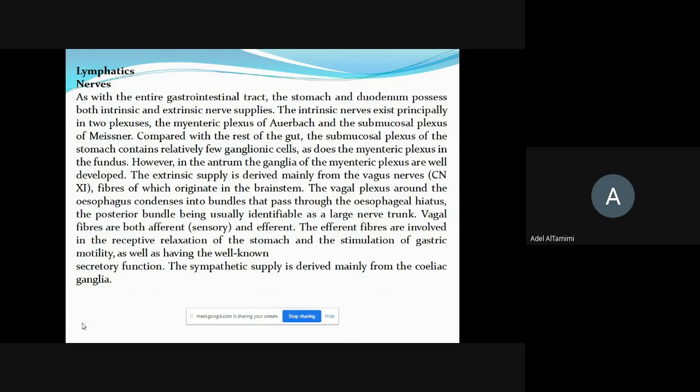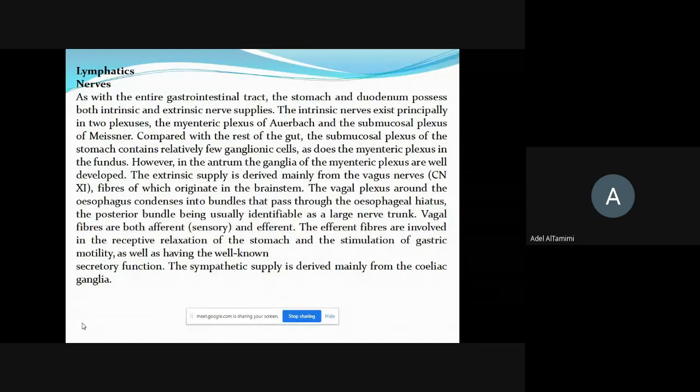Compared with the rest of the gut, the submucosal plexus of the stomach, the Meissner plexus, contains relatively few ganglionic cells, as does the myenteric plexus in the fundus. However, in the antrum, the ganglia of the myenteric plexus are well developed.